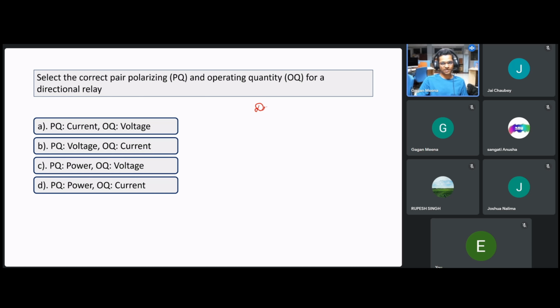Can you tell what is the principle of a directional relay? How is it able to distinguish between the forward and backward faults?